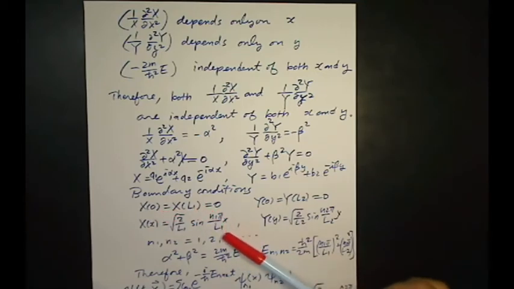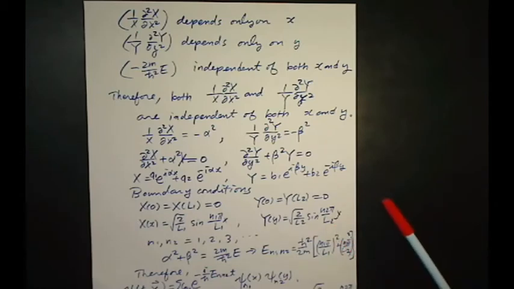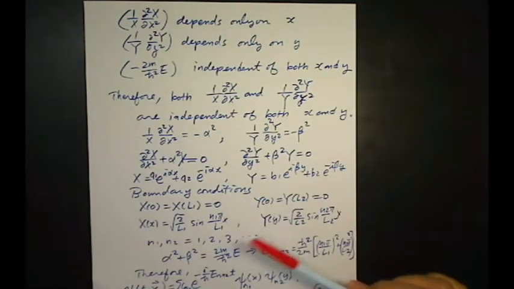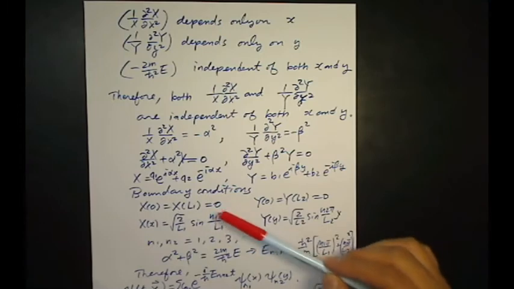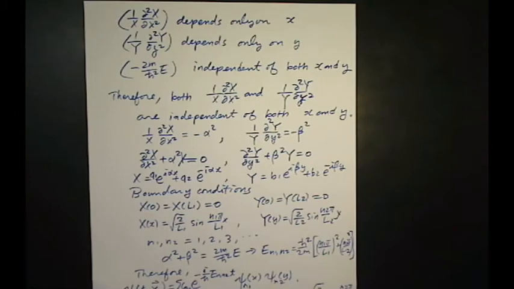That brings in the eigenfunction sine of n1 pi over L1 x, and y has a similar function, which depends on L2. Because the energy eigenvalue is completely determined by alpha and beta, where alpha is n1 pi over L1 and beta is n2 pi over L2, we have determined the energy eigenvalue for this box potential.